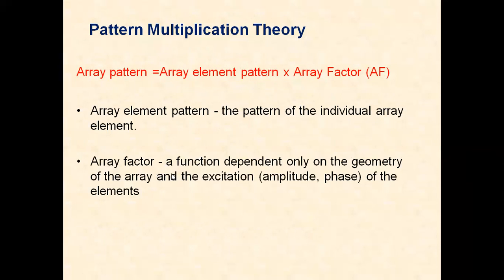What is an array factor? It is a function that depends only on the geometry of the array and the excitation. Geometry means the physical structure of the array, and excitation means the amplitude we apply to the various individual elements of the antenna, and we also take into account the phase, that is, how much phase the array elements are fed for getting the desired radiation pattern.